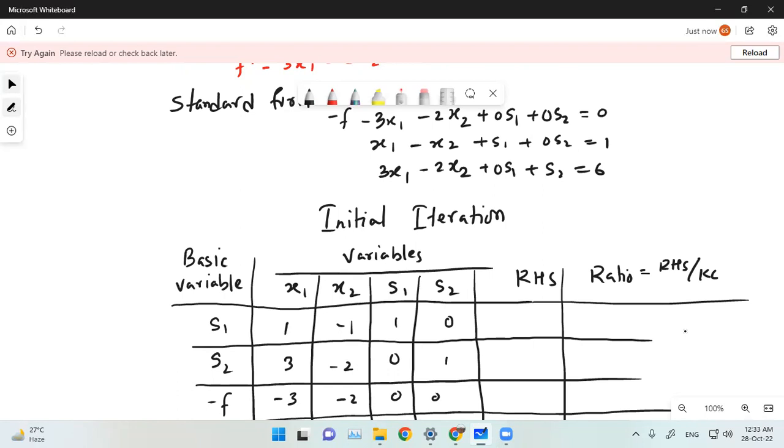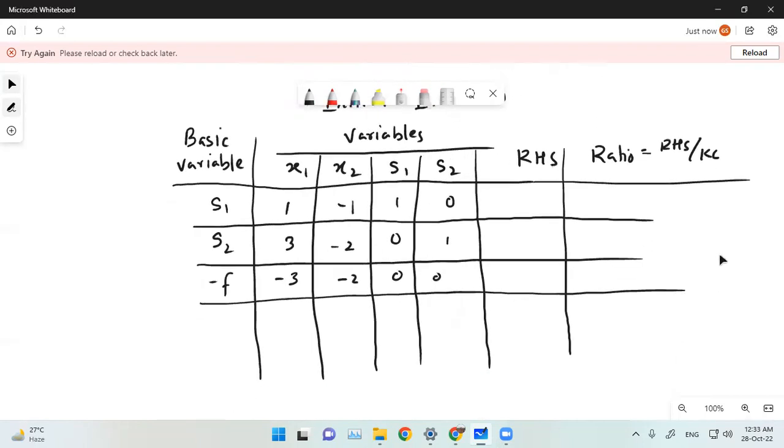Next thing is to figure out the most negative one for choosing the key column. So this is the most negative, so this is our key column. Then next is finding the ratio. We forgot to write the right-hand side values: 0, 1 and 6. So 1 by 1, the ratio is 1, and 6 by 3, the ratio is 2.